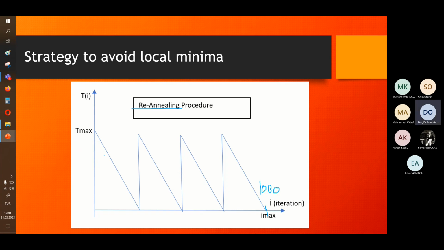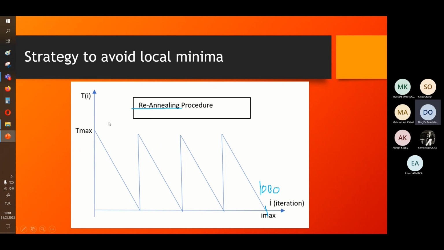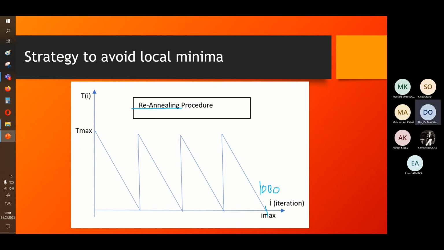But if we are using a linear cooling procedure for this 1,000, what will be the cooling procedure? It will be like this. So running simulated annealing with Emax 1,000, the cooling procedure will be that line I'm drawing if we are using linear cooling.